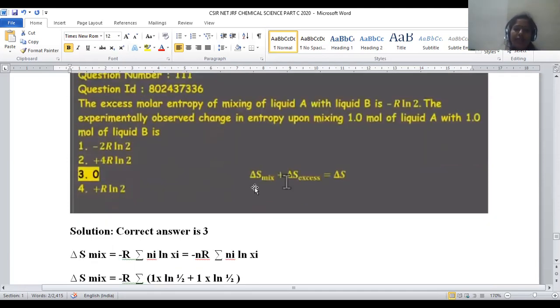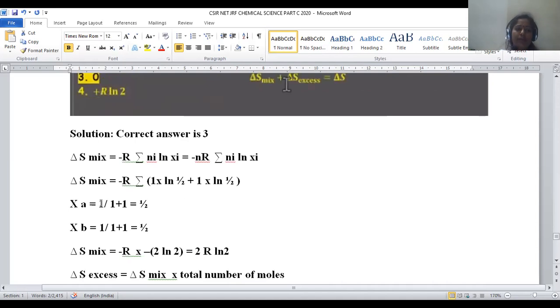For that purpose, we have delta S mixing plus delta S excess taken as delta S. Total entropy is equal to delta S mixing plus delta S excess. By using this formula, we are going to predict the experimentally observed change in entropy. For delta S mixing, what is the formula?